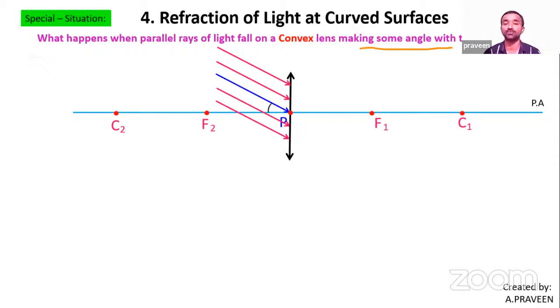So then what to do? Is there any situation here that is suitable? Does it meet any situation? It does not meet any of the situations we discussed in the behavior of light rays, 1, 2, 3, 4. So what to do in this case?